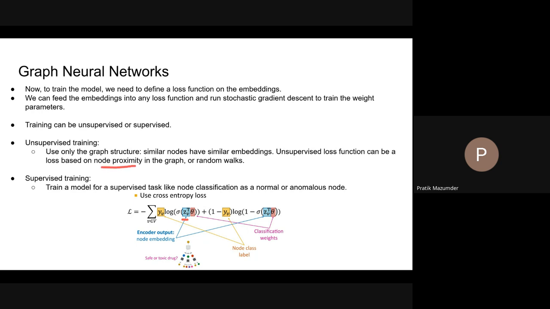Your updated features should be close in the embedding space for similar neighbors and far away for dissimilar neighbors. So you can apply some sort of unsupervised loss, which is similar to what we did in an unsupervised learning setup. Okay. Once you have your features, it's again the same thing as in other deep learning methods. You have your features, you have some resulting tasks, and based on your task, you can apply the corresponding loss.